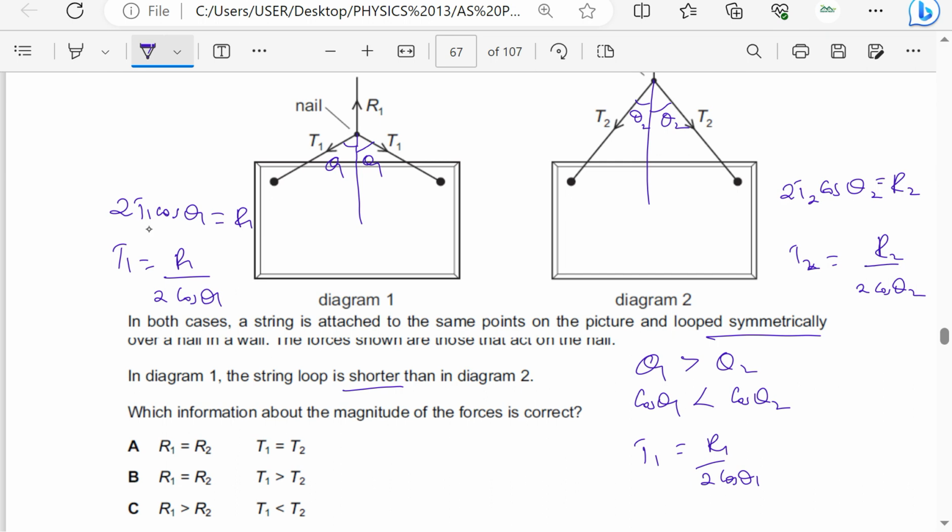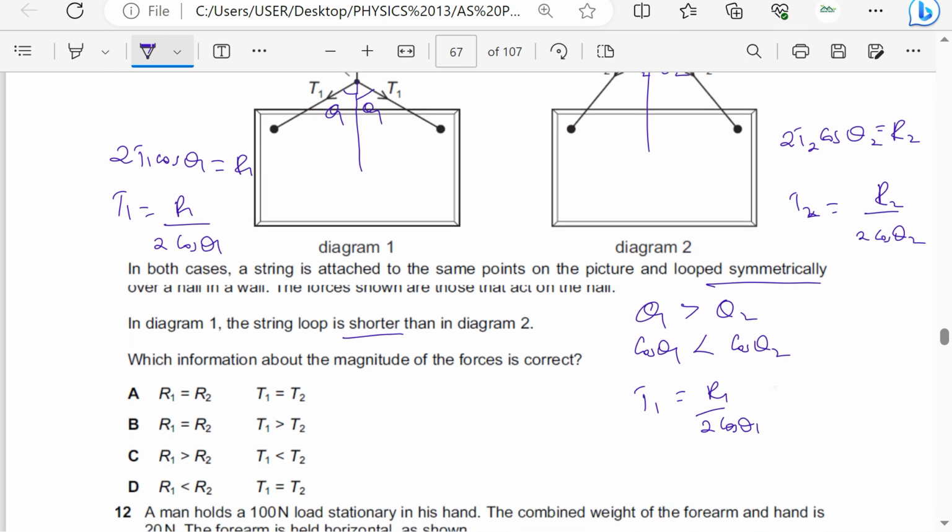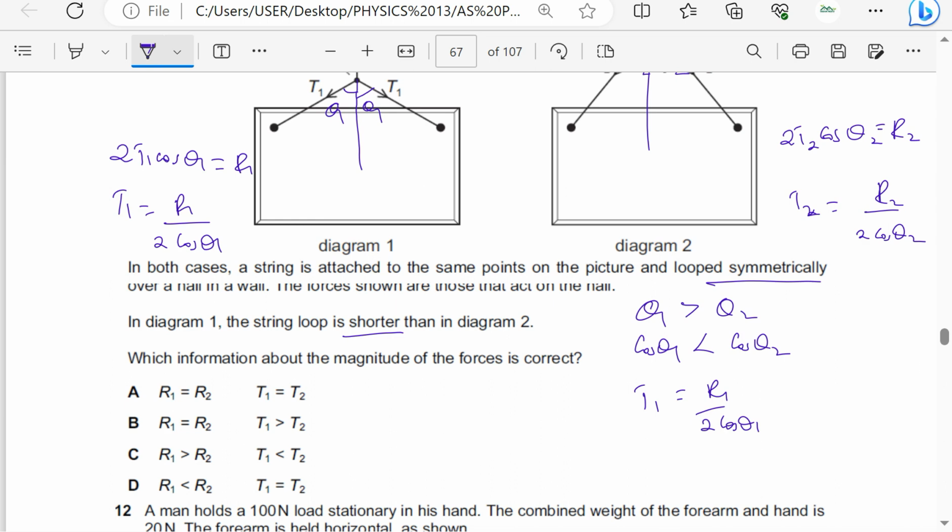So since theta 1 is greater than theta 2 and cos theta 1 is less than cos theta 2, chances are high that T1 is going to be... because theta 1 is greater, so cos theta 1 is smaller. The denominator is going to be smaller.